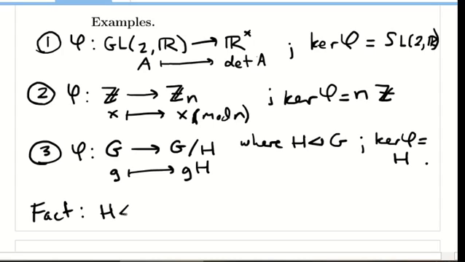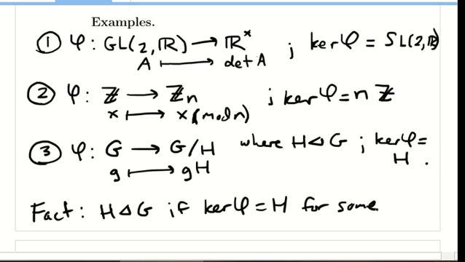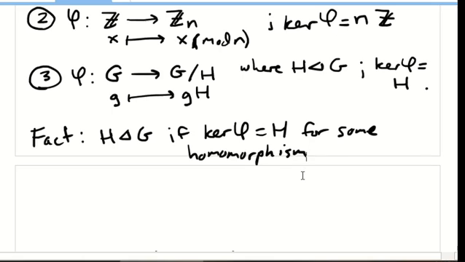H is normal in G if and only if H is the kernel of phi, for some homomorphism phi from G into some other group.